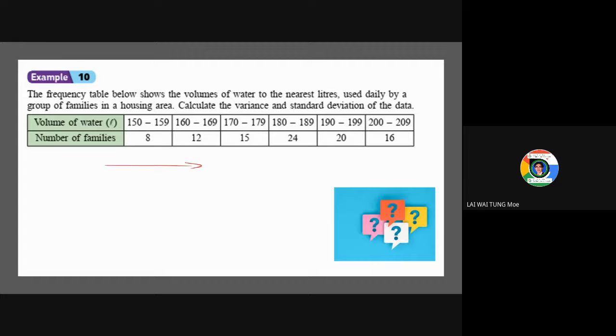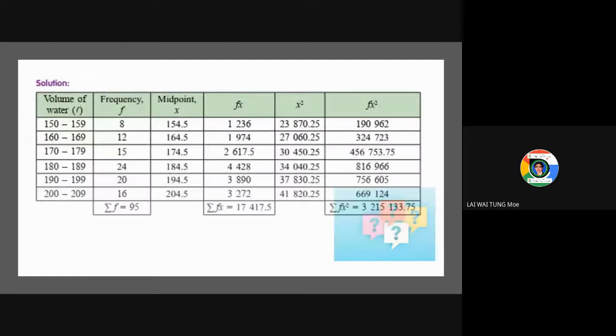When you do your frequency table, it's better to draw it vertically, like this, for easier monitoring. These two parts, volume and frequency, you copy from the table just now. And this part from midpoint until here is what you need to add into the table in order to get the variance and standard deviation.